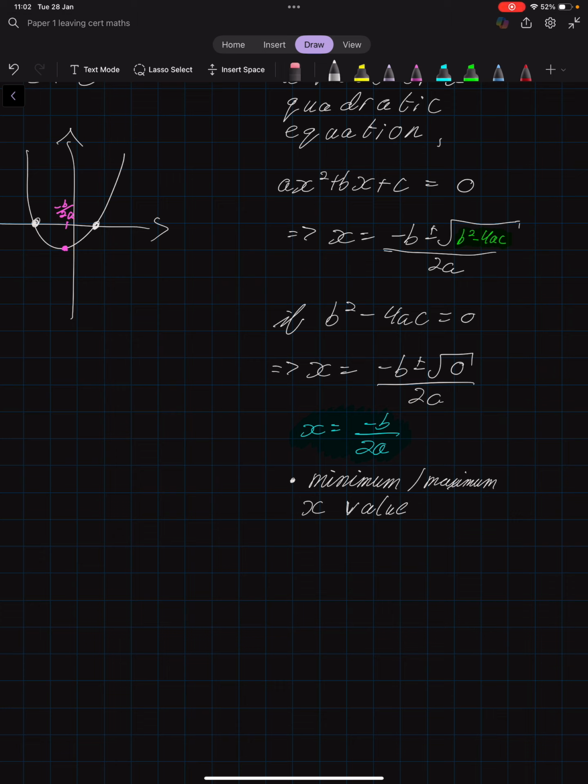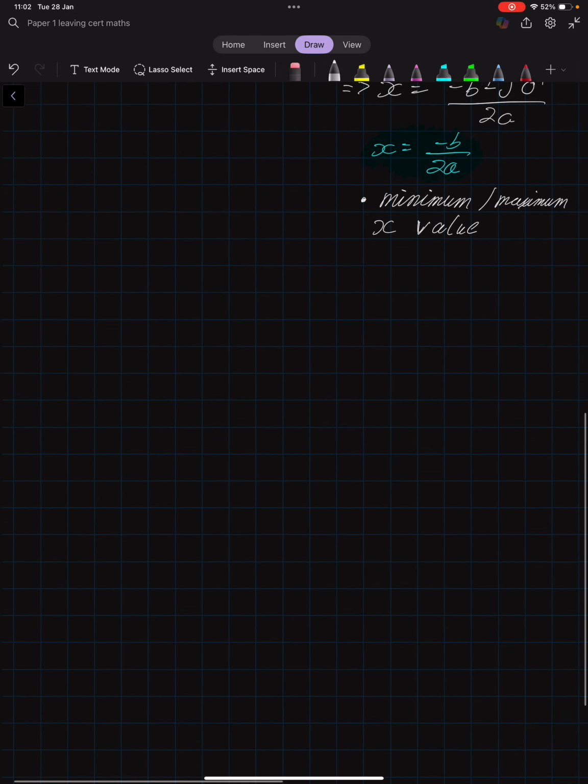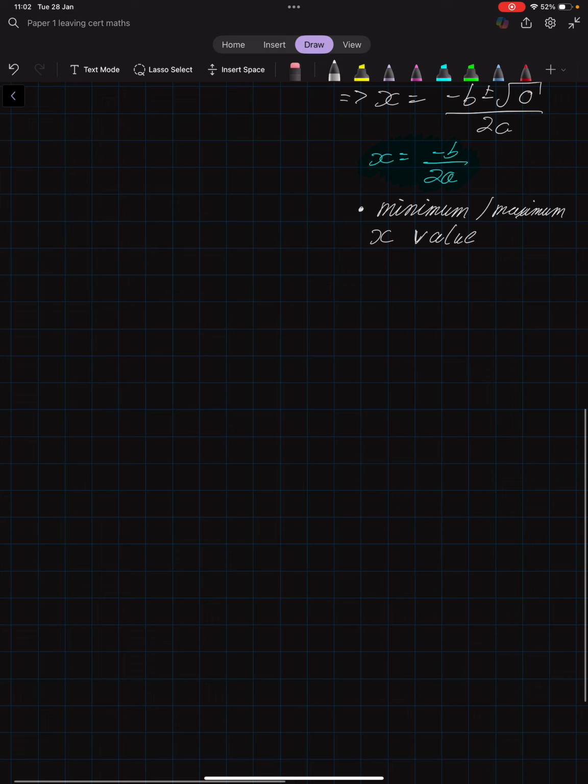Some of the questions you can get are, you can get proving ones, but it could be something as simple as: what's the discriminant of x squared plus (a minus 1)x minus 9 equals 0?